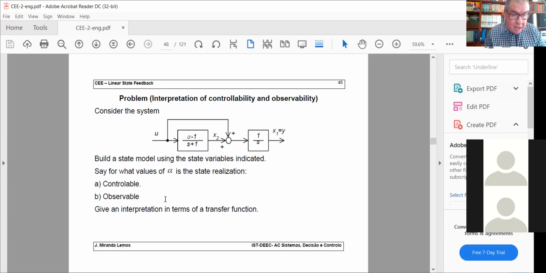Then give an interpretation in terms of a transfer function. That is to say, when you lose controllability or observability, you will have a pole-zero cancellation. Understood? Everybody understands the problem? So start, and don't look at the solution, because if you look at the solution, you will learn nothing.